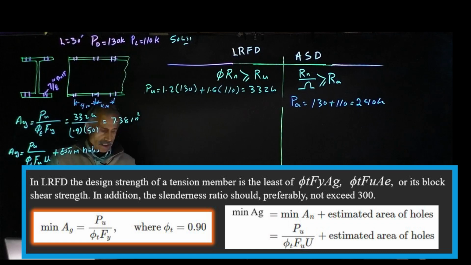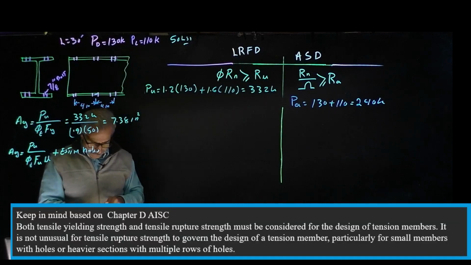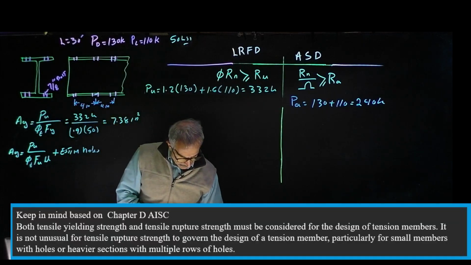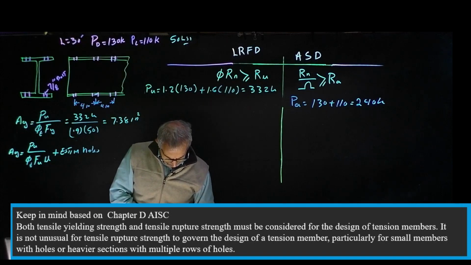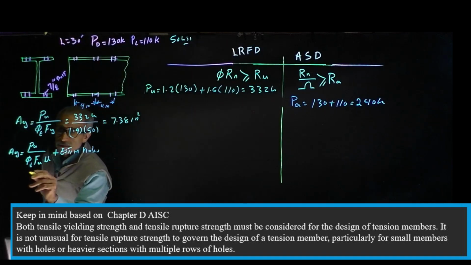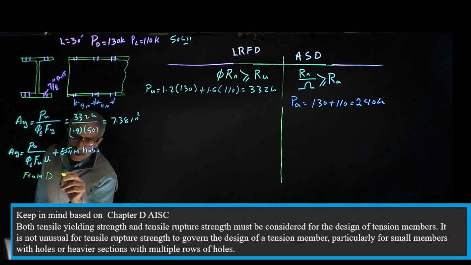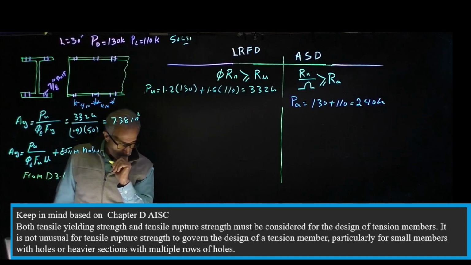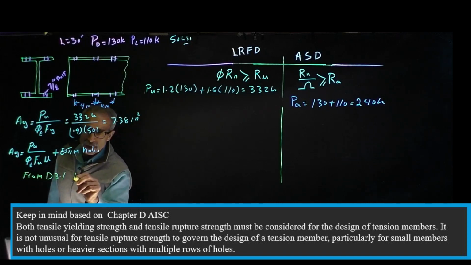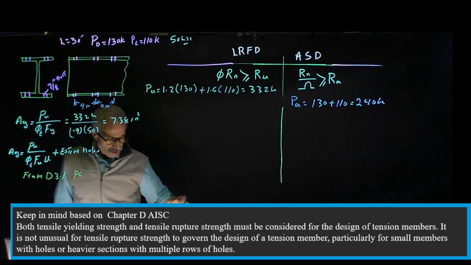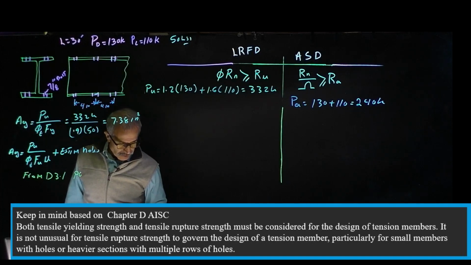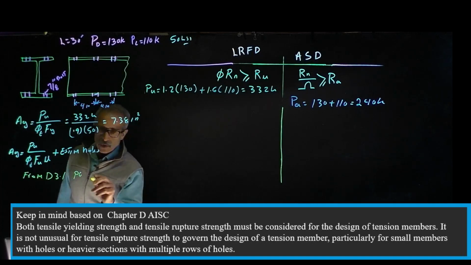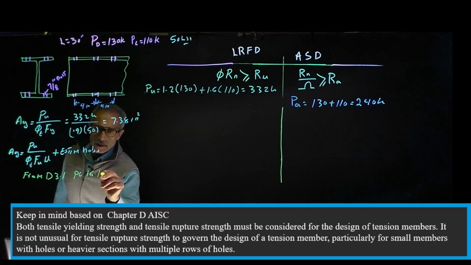And if you look at the table, that's Table D3.1. It's on the board. That's in the big AISC manual, on page 16.1-30.